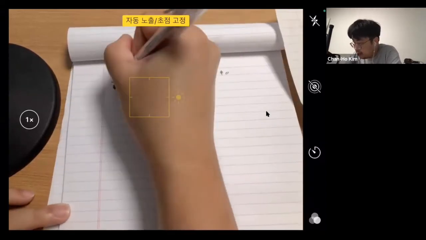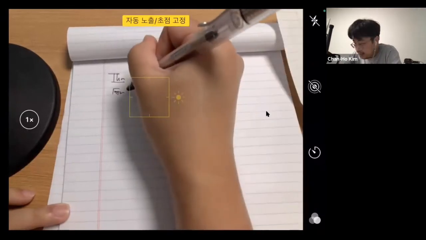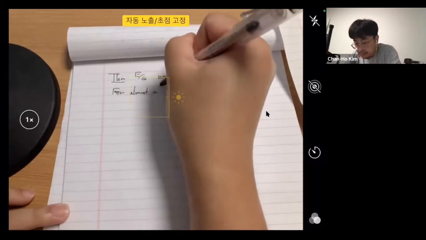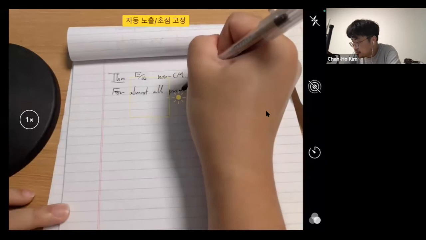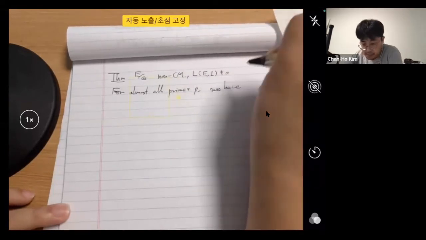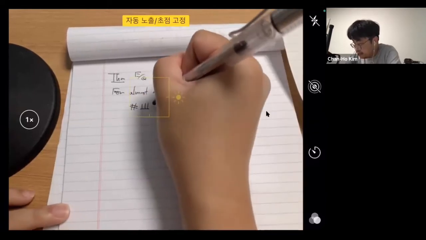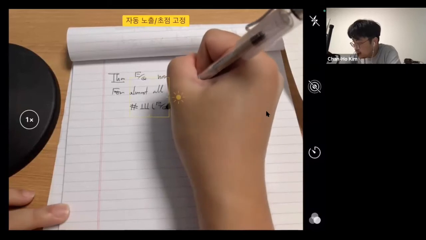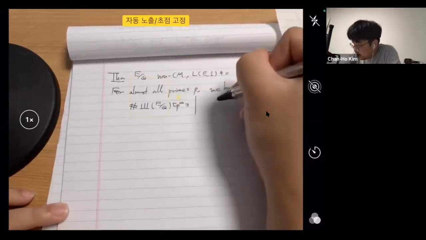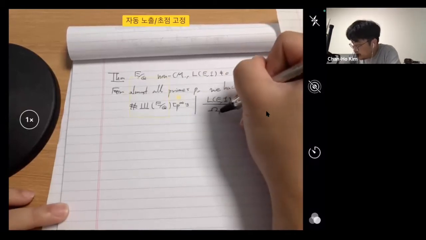Then for almost all, meaning all but finitely many primes p, we have the size of the Tate-Shafarevich group's p part is given by the L value divided by the period.